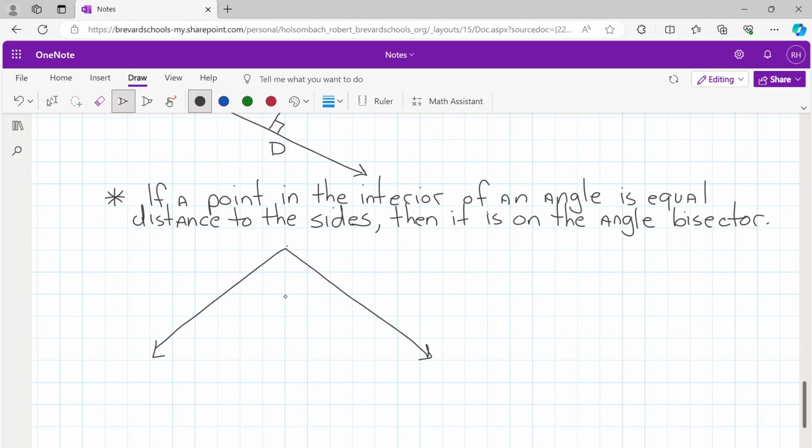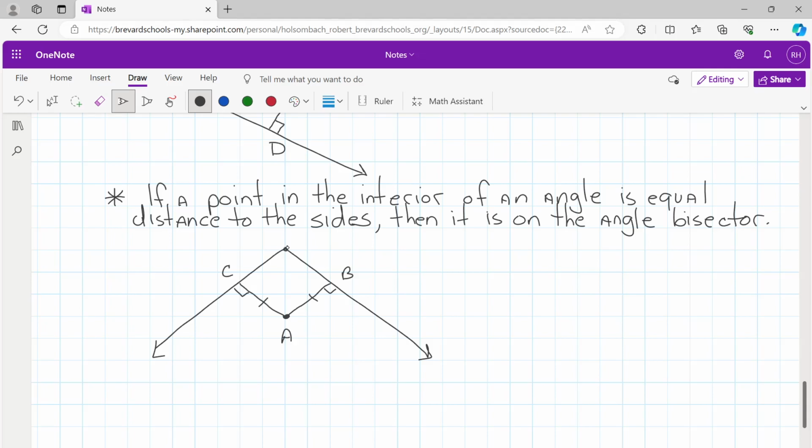And then you have a point in the interior of this angle, point A. And you're told that the distance from A to B is the same as the distance from A to C. If AC is congruent to AB, that's a point in the interior of an angle, equal distance from the sides.